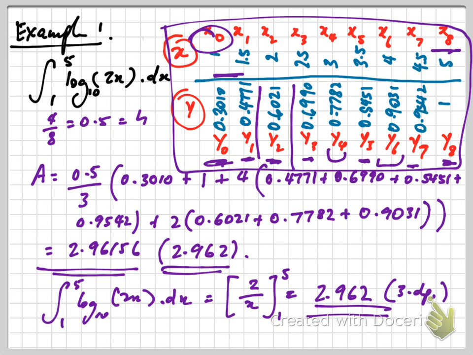The only thing to note is the labeling starts from x naught. To get the h, you take the top limit minus the bottom limit, and then divide by the number of strips you have. And there you go. So please do practice some questions from either past year papers or from the workbook, and skill up on numerical methods.